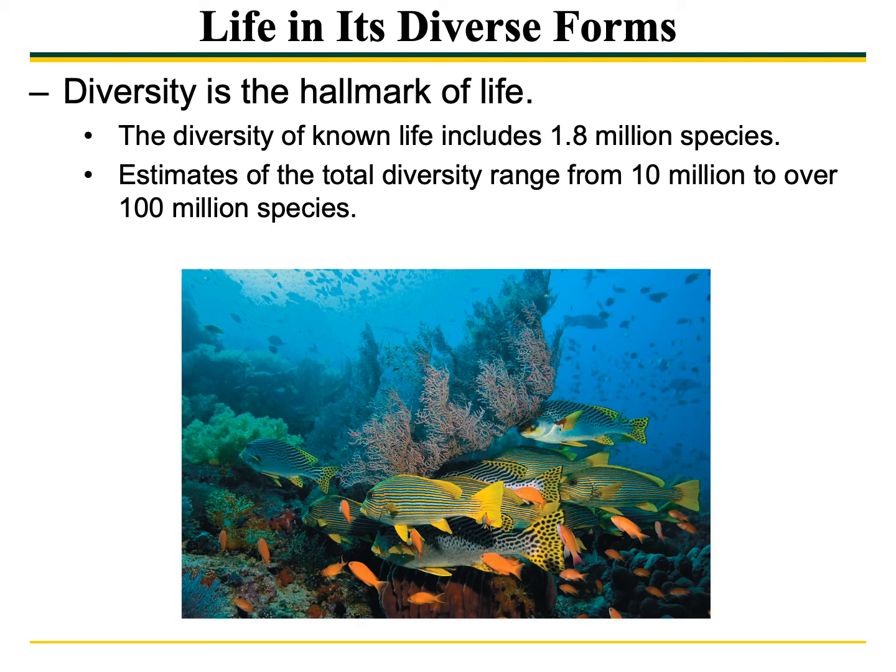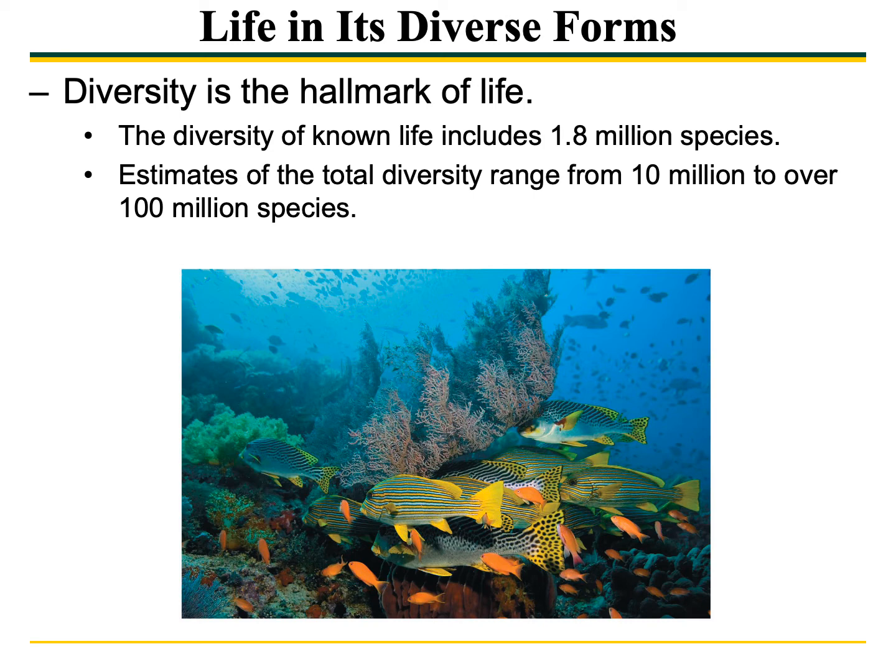Just to give you a little bit of an example, there are approximately 300,000 different plant species that have been identified and named. There are somewhere around 50,000 different vertebrate species. These are animals that have backbones. Interestingly, there are greater than 1 million different insect species that have been identified.